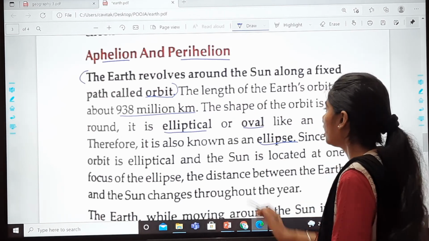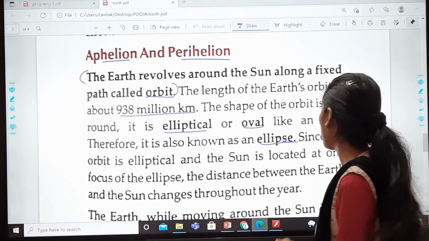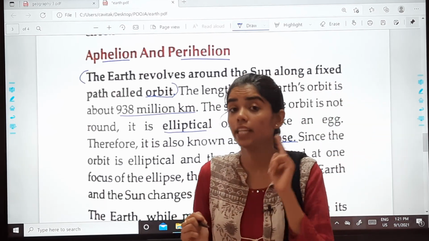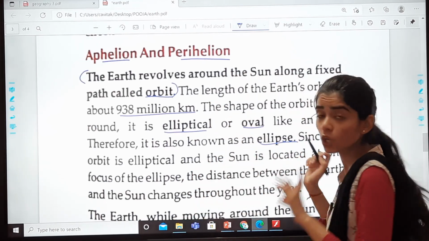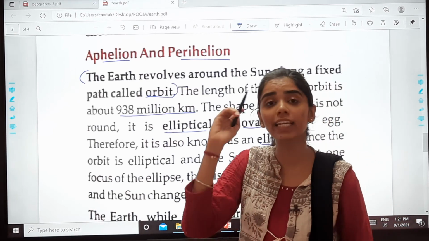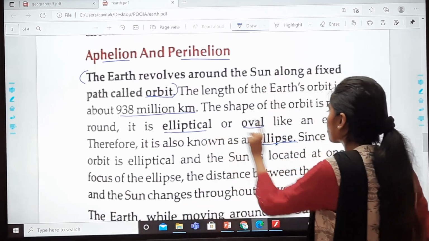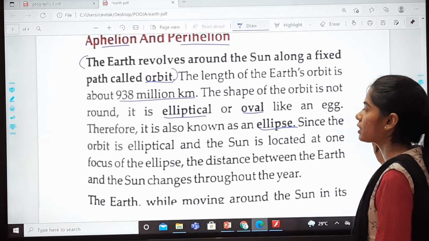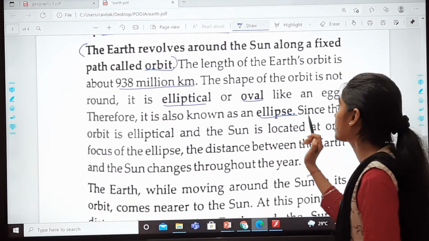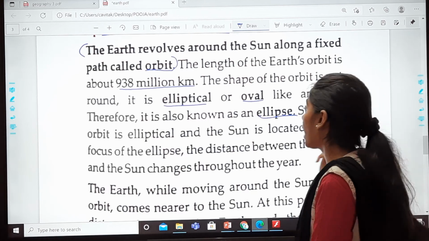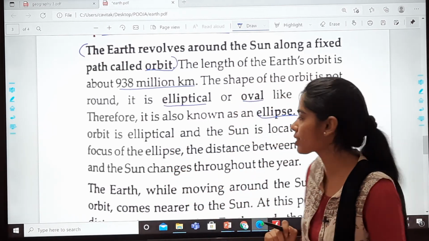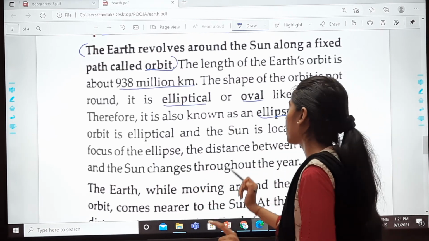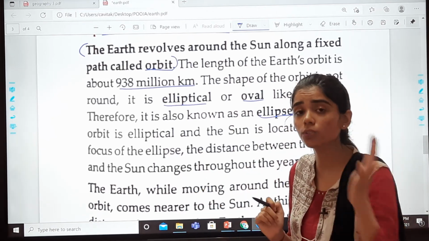Is it clear? The shape of what? Of the orbit. It is not round. It is elliptical or it is oval in shape, like an egg. That is why it is known as ellipse. Since the orbit is elliptical and the sun is located at one focus of the ellipse, the distance between the earth and the sun changes throughout the year.